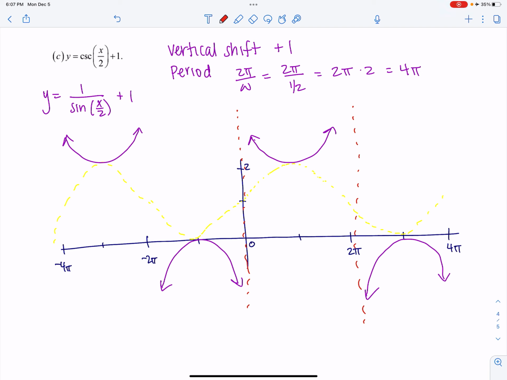That's on 2 pi. And that's on -2 pi. And there we go. The purple is representing our cosecant graph.